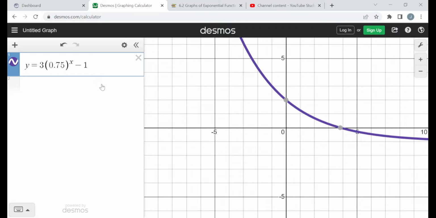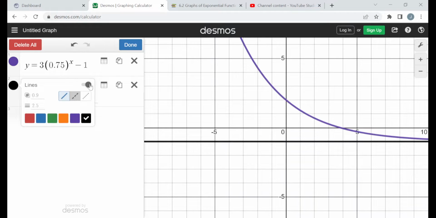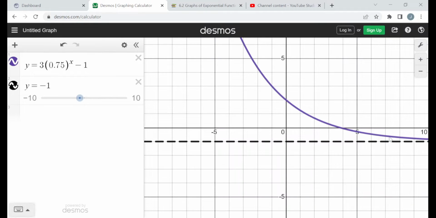And then I'll put in that y equals -1, and make it a dashed line. And you can see that y equals -1 is the horizontal asymptote here, not the x-axis. Right, and it's a decreasing function like I had, and you see that y-intercept is at 0, 2, just like I had on my hand drawing. It was just not great looking, that's all. Yeah, this is a much cleaner looking picture here.